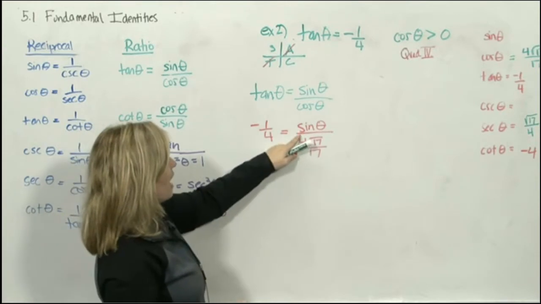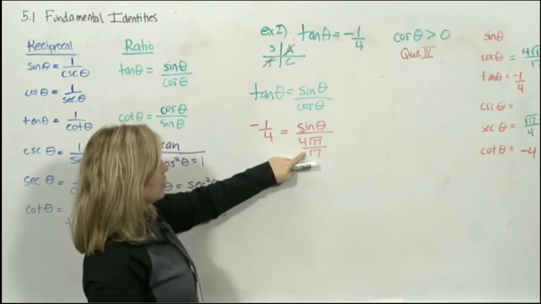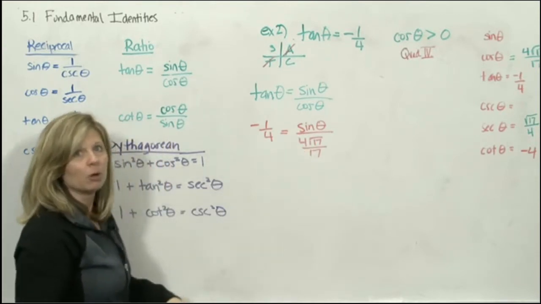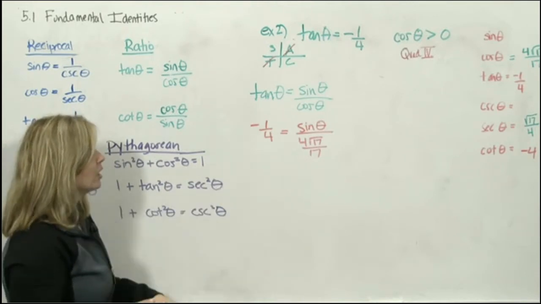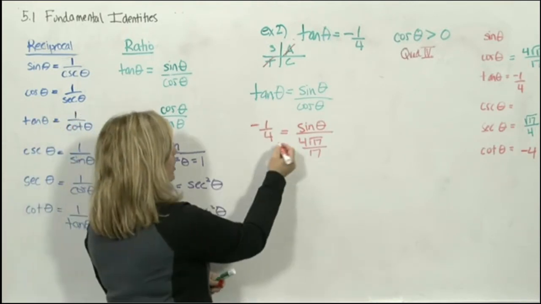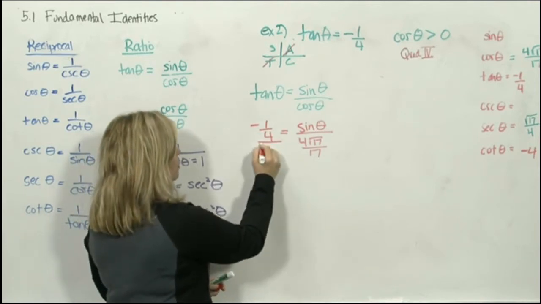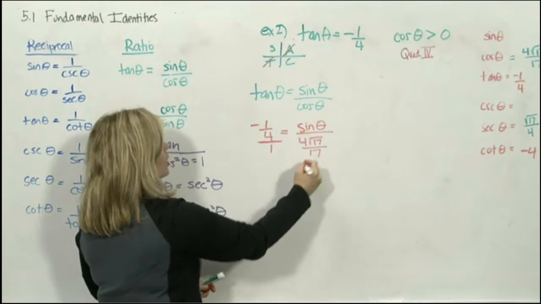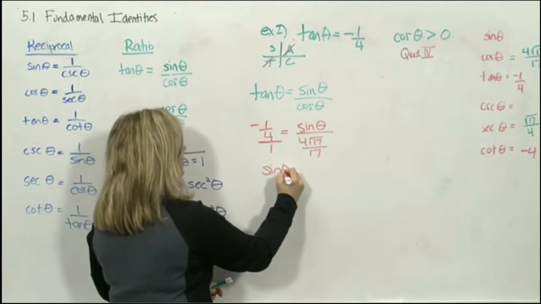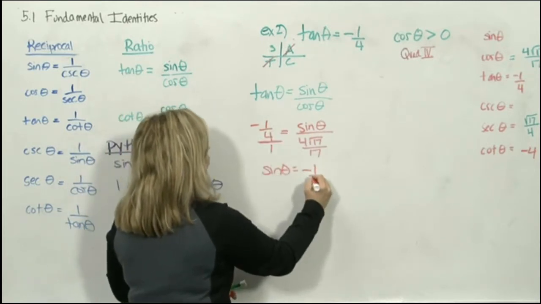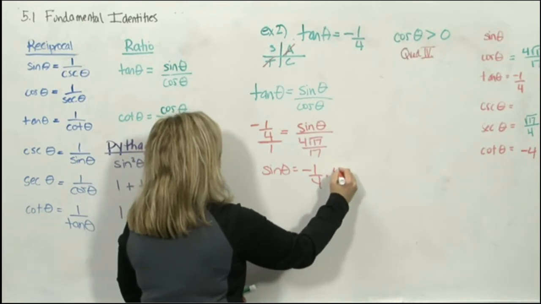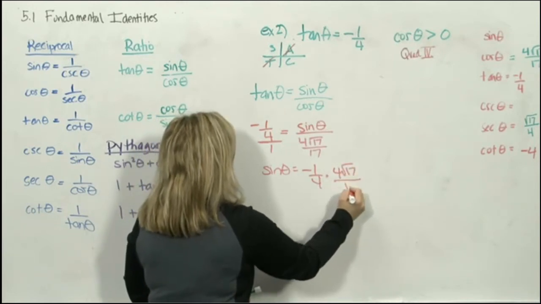This says to divide. So to move to division, we would have to do multiplication, right? There's a fraction there. So everybody look. What we're going to do is, if you think about this, just like from chapter 2, if we make this a proportion, we put a fraction bar on a 1, we could cross multiply. Sine theta is going to be negative 1/4 times 4 square roots of 17 over 17.